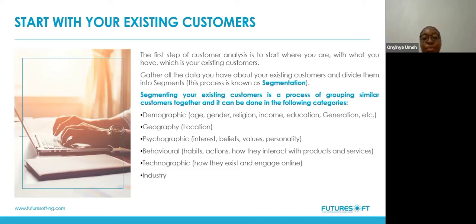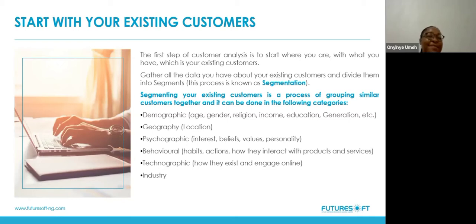You can also do it through technography, and this basically means their level of technology. It could be the phone's operating system, the sort of technology that they're used to. It could also be social media related as well.